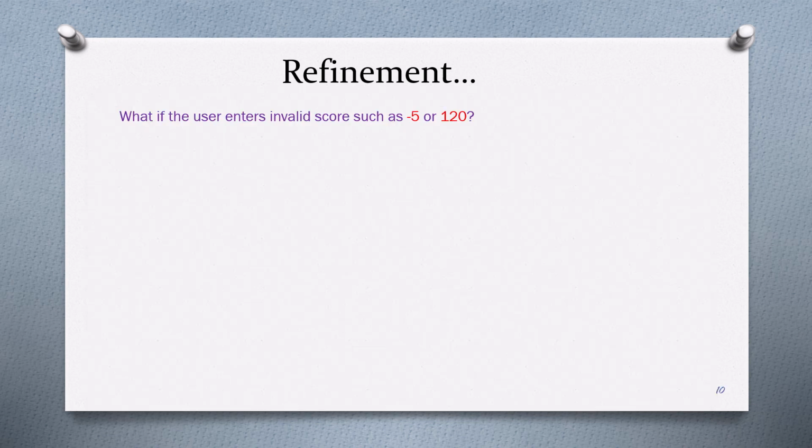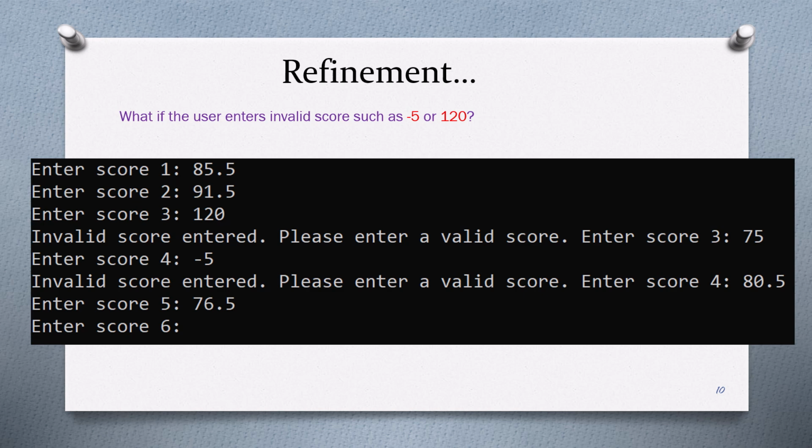So next, this is how it will be processed. Enter score 1, valid value; score 2, valid value; score 3 is invalid. For an invalid value, you will display invalid score entered, please enter a valid score. So see, enter score 3, the same value, same cycle, but your user is asked to re-enter.